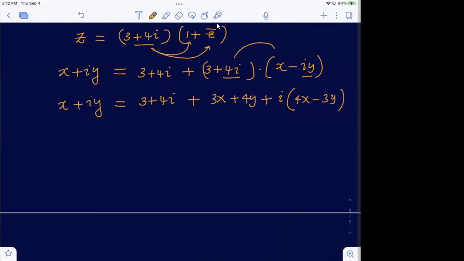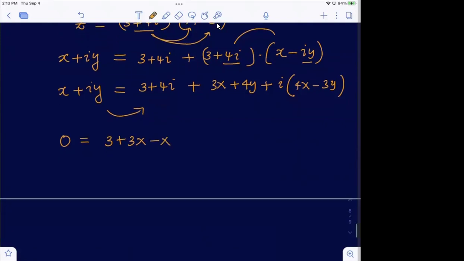When I simplify, I would prefer moving all of the terms to one side. So let's say when I do that, 0 equals 3, the first component, and then I have 3x as the second component. And don't forget, I moved this term to the other side, so now it becomes negative x.